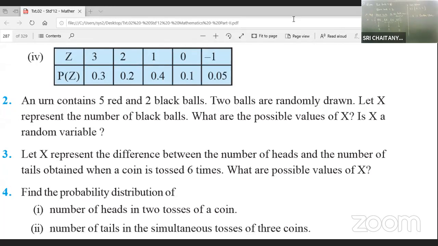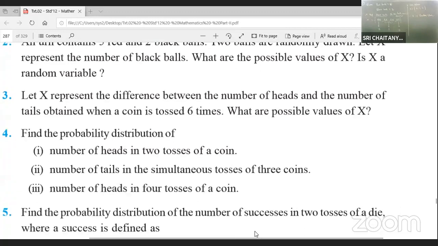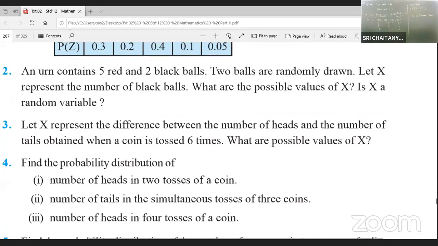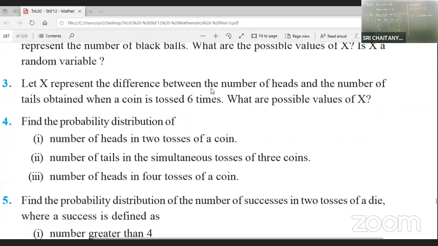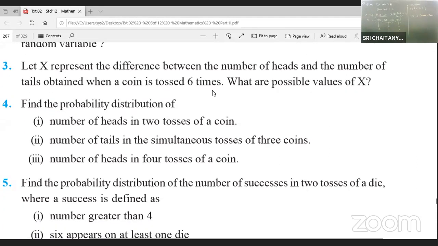After that, I am sharing the third problem on the board. Write down the third problem after completion of the second one.